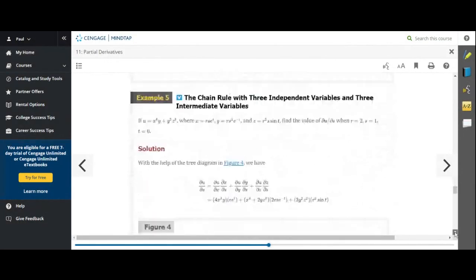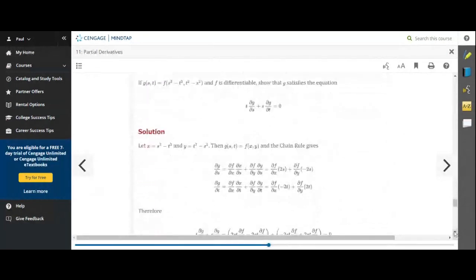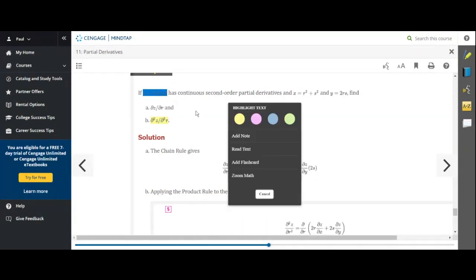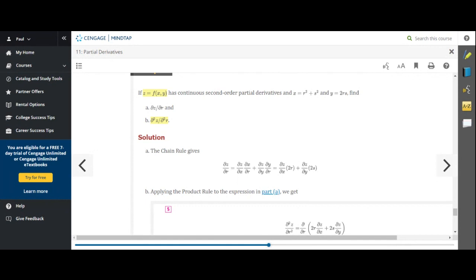See, they have all these flow charts. But example 7 here talks about if you have a function of x and y. Let me make that a little bigger.